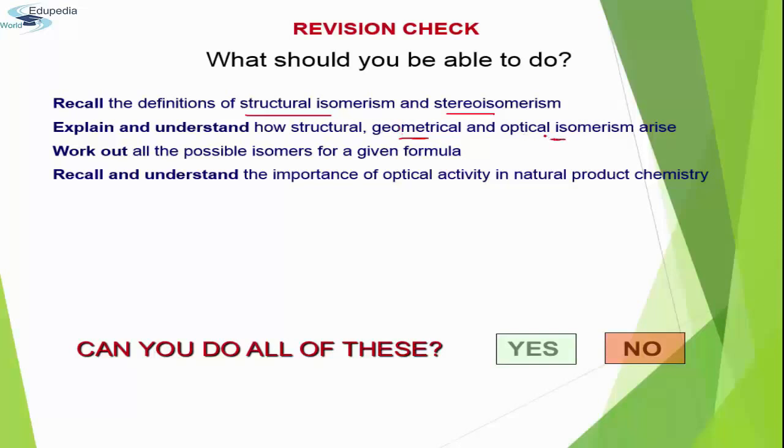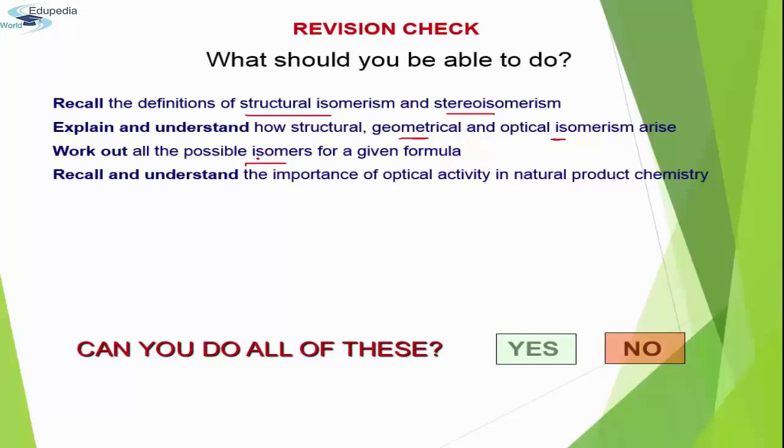Optical isomerism, because of chirality, the unsymmetrical carbon, the carbon which has 4 different atoms or groups attached to it, will change or rotate the plane polarized light either on right side, dextrorotatory or plus, or on the left side, levorotatory or minus.